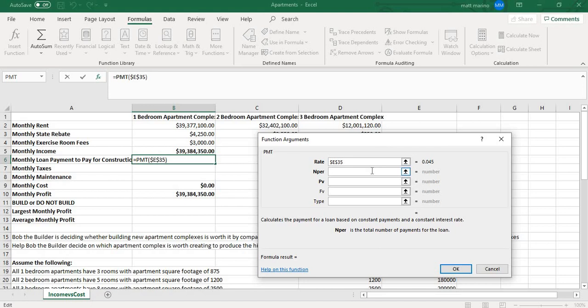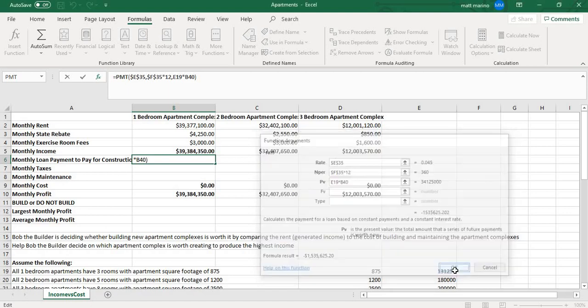Our number of payments, we refer to the absolute cell value in F35, which you'll notice is 30. However, we're paying monthly, so we multiply this by 12 to get our 360. Our present value for this specific one bedroom is E19 times B40.